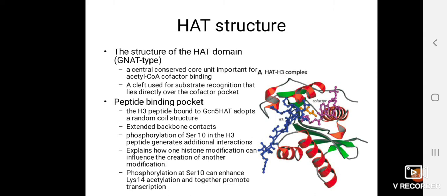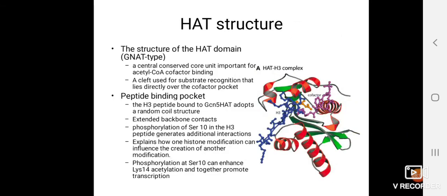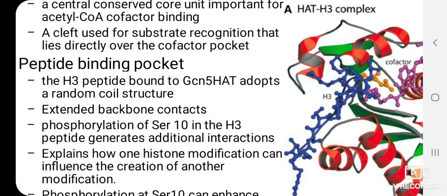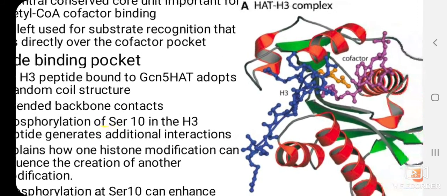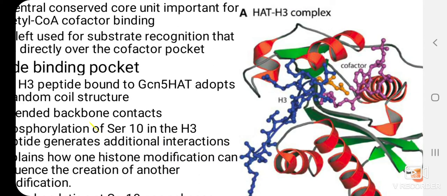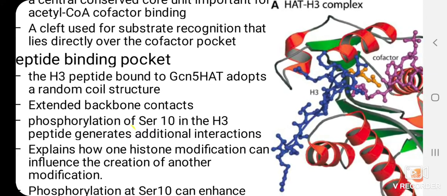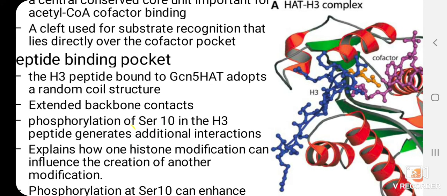You can see the cofactor, the acetyl moiety, is going to bind here. Then there is a cleft used for substrate recognition that lies directly over the cofactor pocket. So this is the cofactor pocket, and directly over that there is the substrate binding pocket.